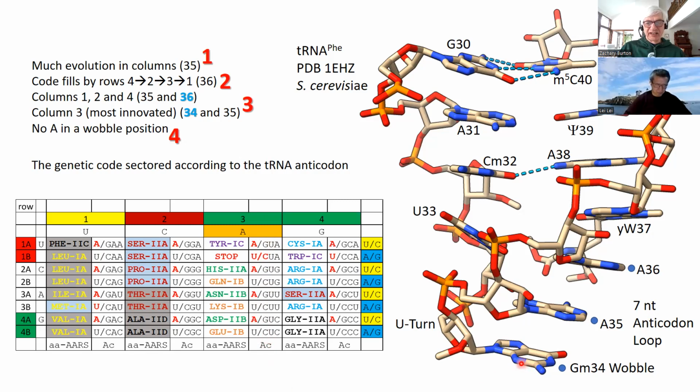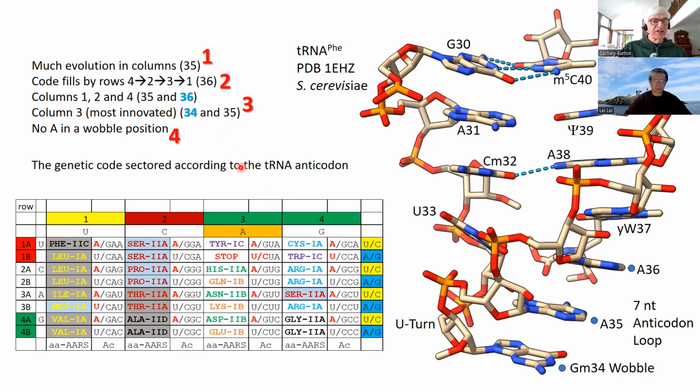And degeneracy at this position, and initially degeneracy at this position, gave you the structure of the code that we have today. Lots of evolution around the middle base. You see that here with all these yellow amino acids and green and red amino acids and this stripe pattern. And here a couple of cyan amino acids. Got all that? Me neither.